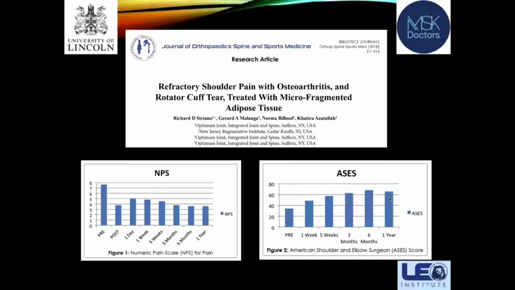So, as you can see, this fat injection worked on knees and also worked on shoulders. They are both synovial joints, and surely there is some chemical effect within the joints themselves, which is why it has some effect in helping patients improve their pain.